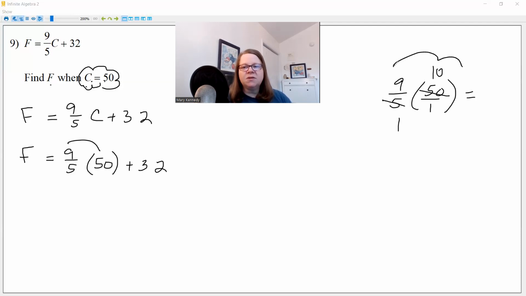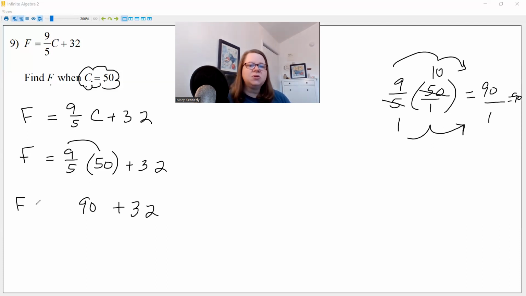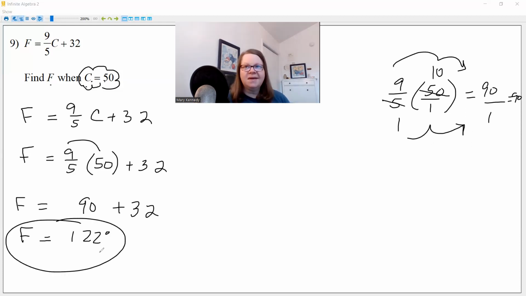And then you can multiply across the top. 9 times 10 is 90. 1 times 1 is 1. 90 divided by 1 is just 90. So this is 90 plus 32. And so the Fahrenheit temperature is 90 plus 32. What's that? 122 degrees.